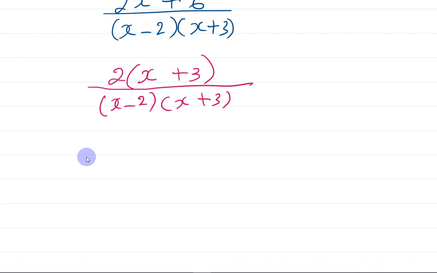As I informed you, you have to put your answer in the simplest form. What I have here is easy: I have x plus 3 and x plus 3. I can cancel this bracket with this bracket because they are multiplied. So what remains? I have 2 divided by x minus 2, and this will be the final answer.